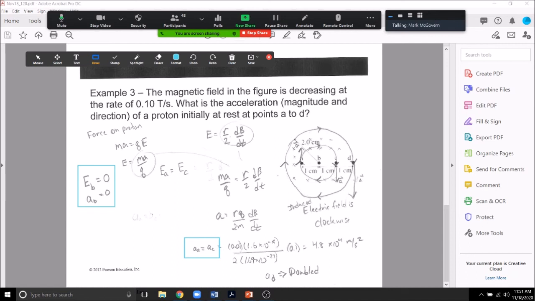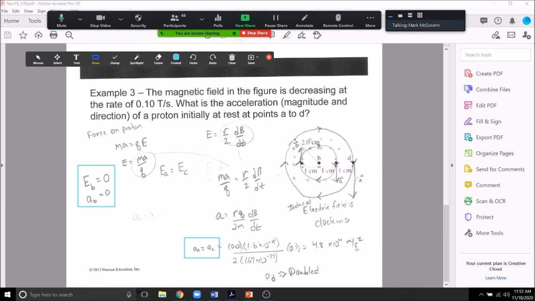So I plug in all my numbers for a radius of 1 centimeter, and we get 4.8 times 10 to the 4 meters per second squared. You would double this to get D, because D is twice the distance. So double that number, 9.6 times 10 to the 4 meters per second squared.